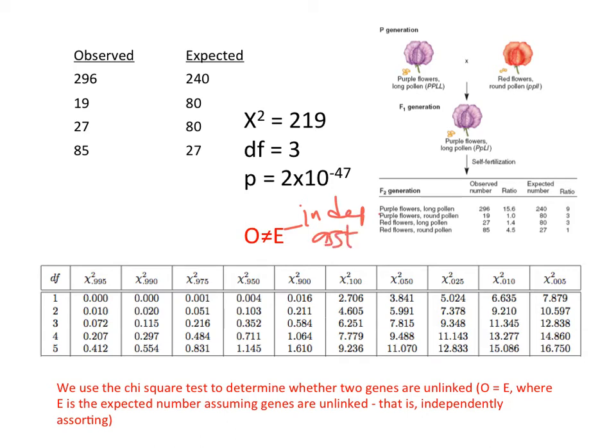If the expected value is not what you observe, then independent assortment is not happening, which means genes are physically linked. So when the observed and the expected values don't match, when the p-value is really small, that tells you genes are linked. It's when the observed and the expected values are the same that independent assortment is happening, like Mendel would have predicted. It means genes are on separate chromosomes.